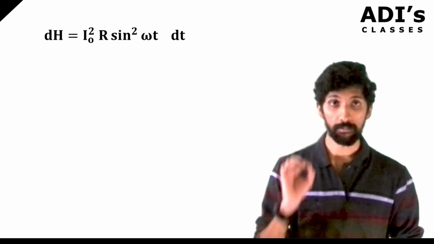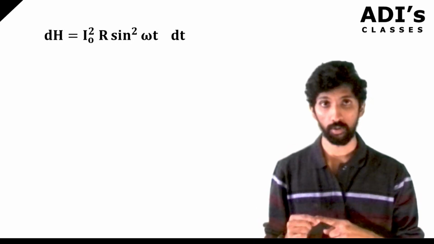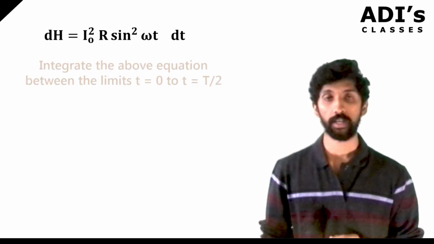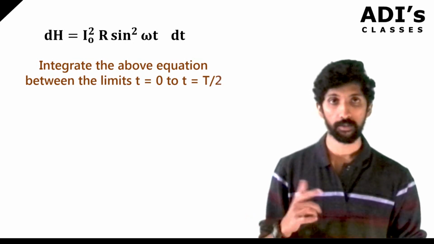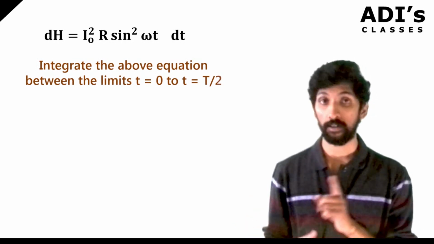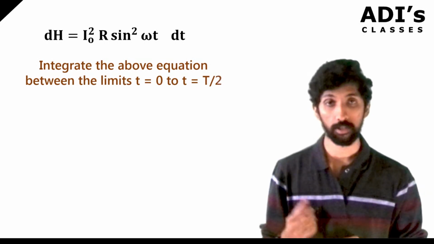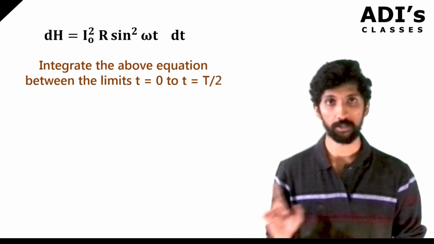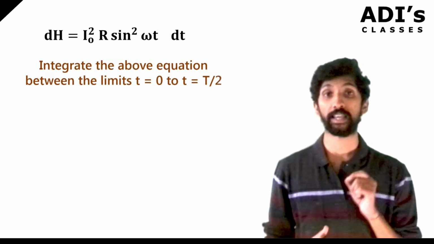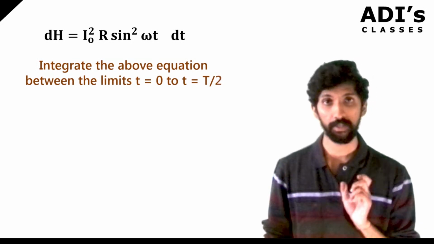The limits for the integration will be 0 to T/2. Why T/2? Because in an alternating current, from 0 to T/2 is half the cycle, and in the other half it will be negative. So we consider 0 to T/2, that is, the heat produced in that time period.